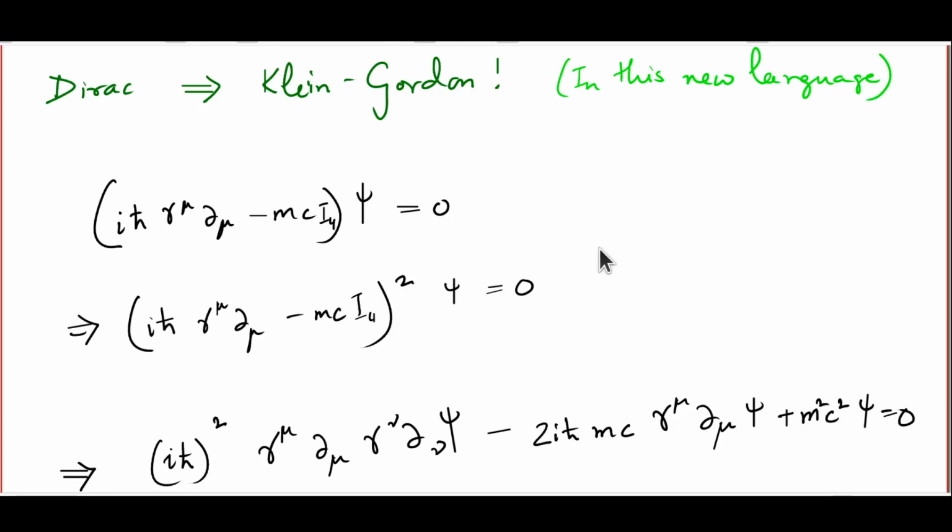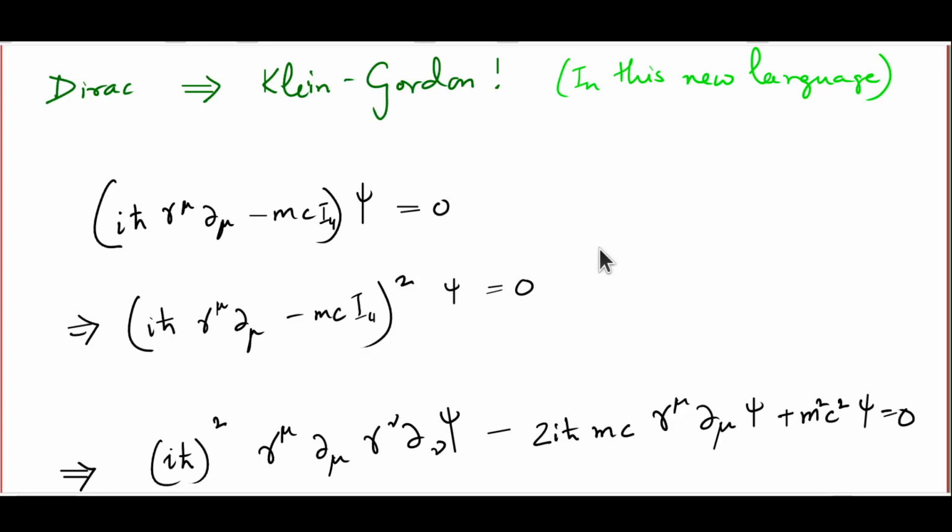The very first term is i h cross whole squared times the operator gamma mu del mu acting twice on psi, and in order to write it down, what we have done is written this as gamma mu del mu, gamma nu del nu acting on psi. Note that because the mu is a dummy index, I have to change it when I write it again so that I do not confuse the two dummy indices of summation or the two terms.